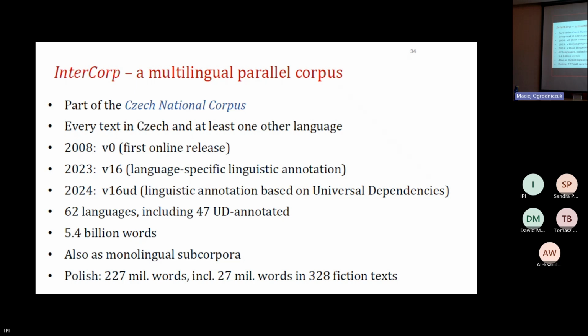So we have 62 languages now. Most of these languages have a very large part based on subtitles, the OpenSubtitles database. That's the largest part of the corpus. 47 out of these 62 languages are annotated, not all of them, because the UDPipe that we use for that doesn't have models for the rest of these languages.